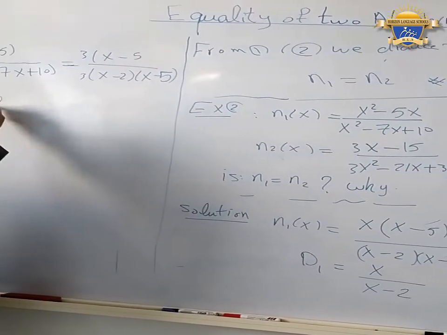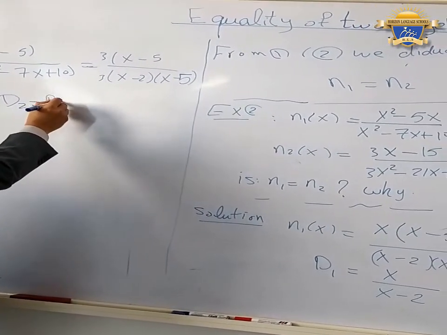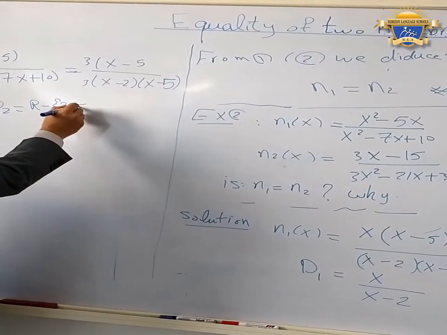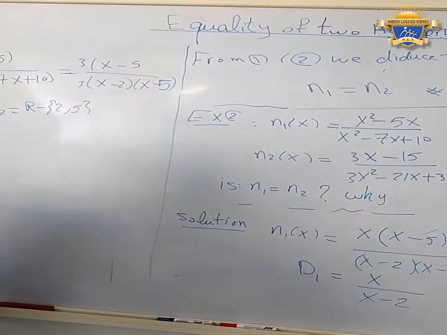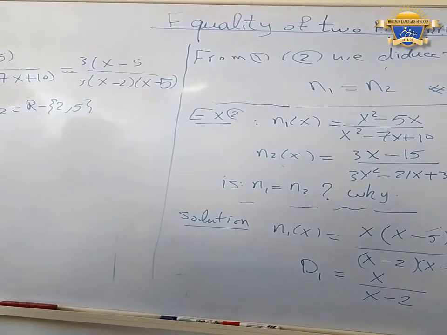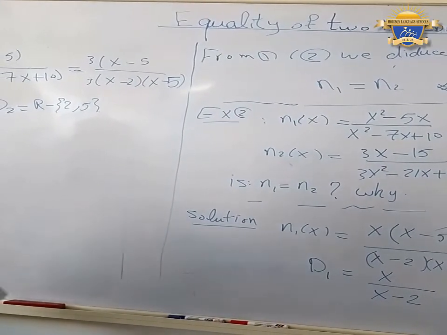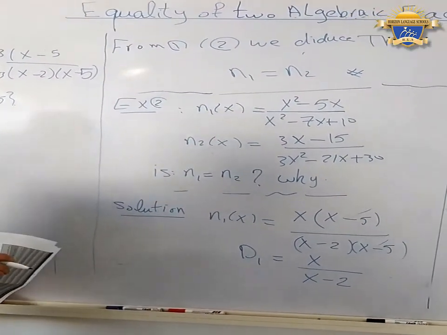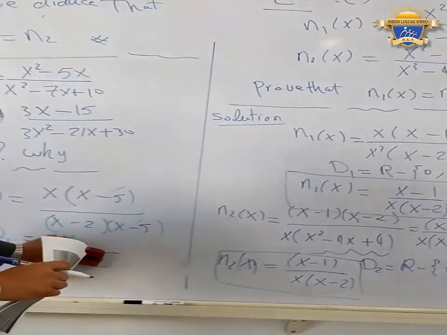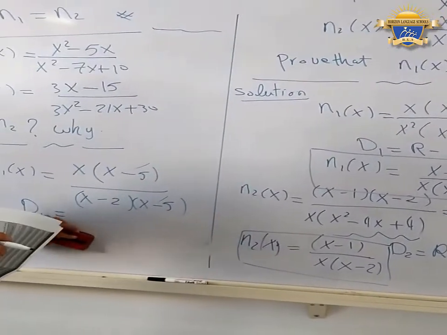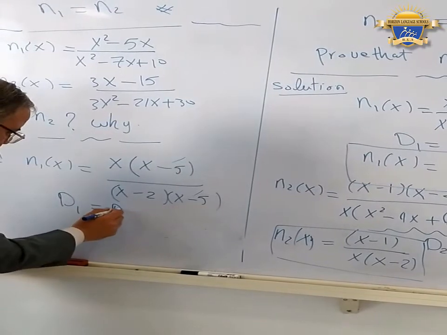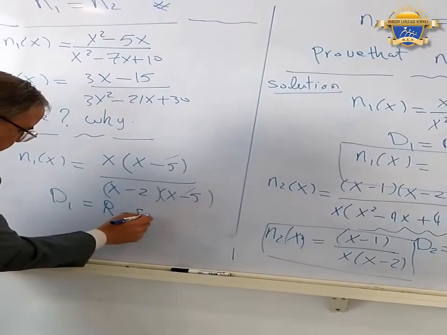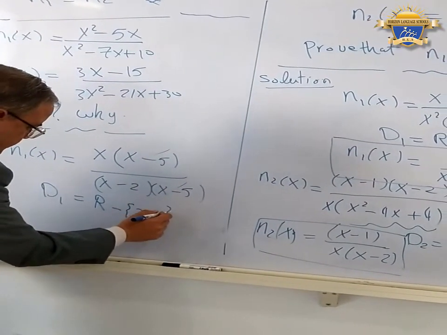The domain D2 is R minus {2, 5}. Sorry, the domain here is R minus {2, 5}.